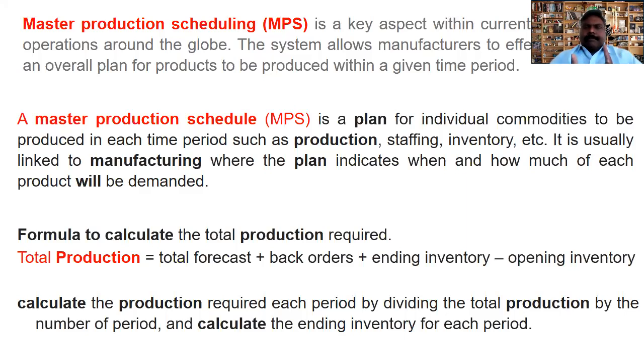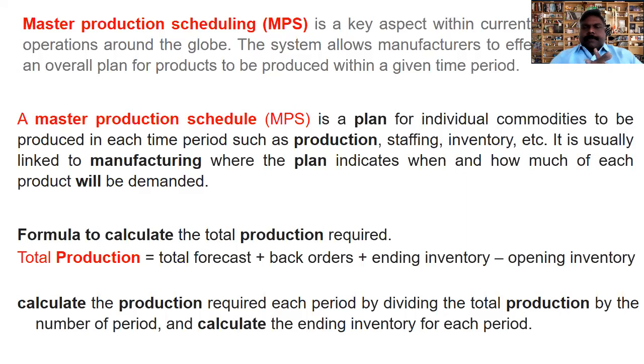So time management is very important in this case. A master production schedule is a plan of individual commodities to be produced in each time period, such as production, staffing, and inventory. Inventory is nothing but the stock, the finished goods, and even the raw materials also come in the inventory.